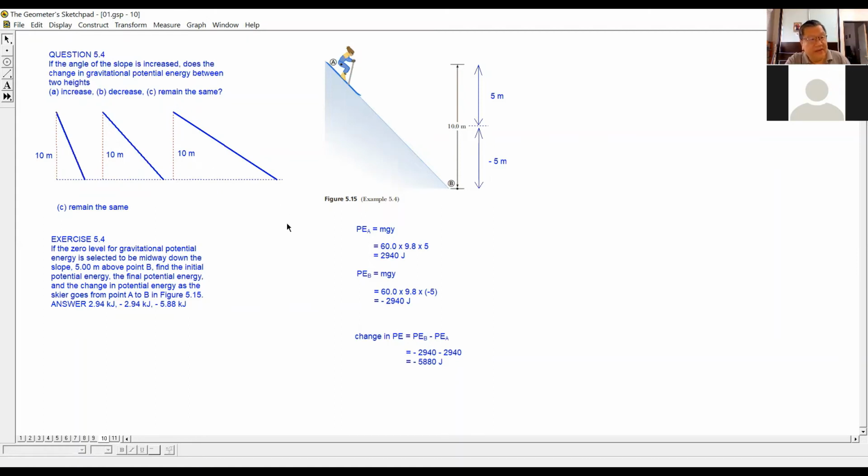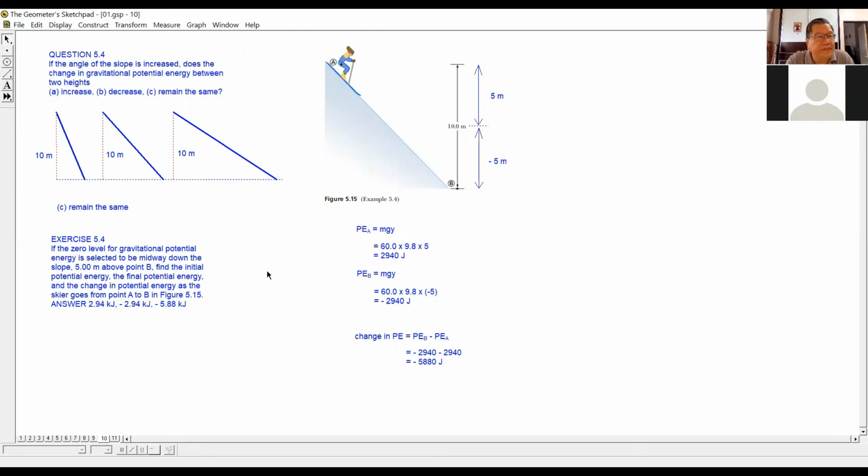The answer is yes, they are all the same. The change in potential energy only depends on the vertical height. If the vertical height is the same, then the change in potential energy is the same.